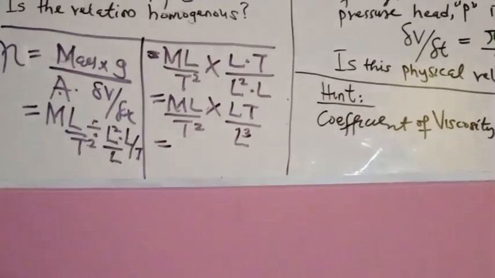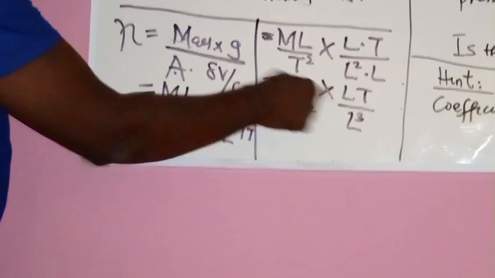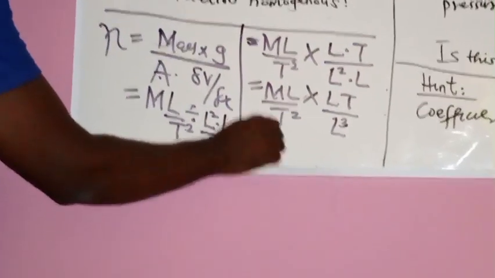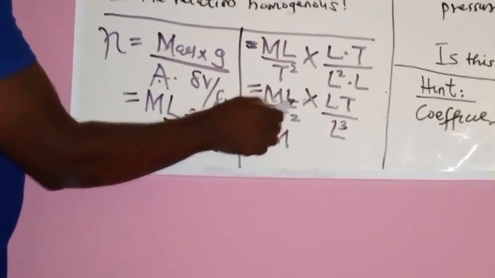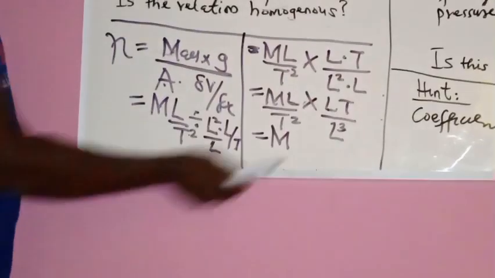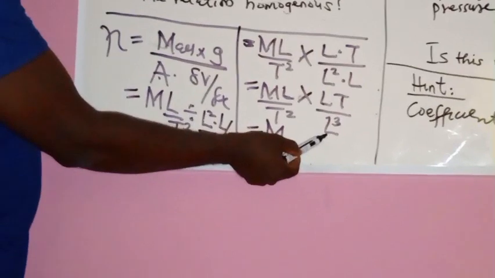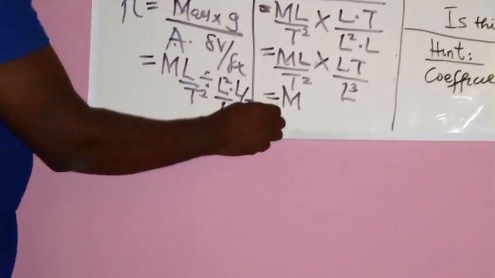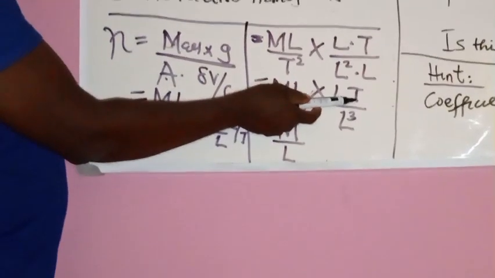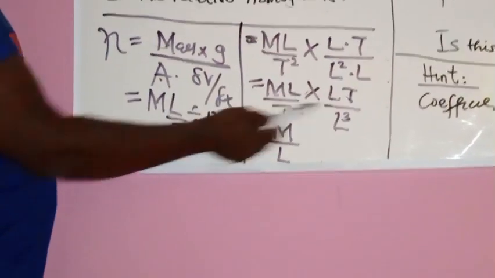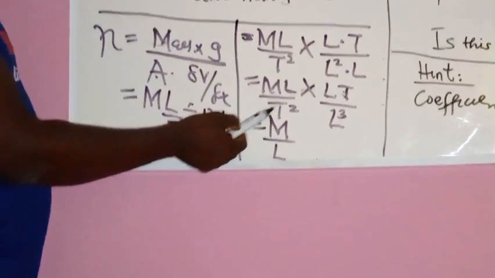Now let's see if these things can cancel each other. At the numerator, we only have one mass, capital letter M, so we'll put one M. We have 2 L's at the numerator, L times L, that is L squared. We have 3 at the denominator, so if it cancels, it will remain 1 down here. Then at the numerator we have 1 T, and at the denominator we have 2 T's.